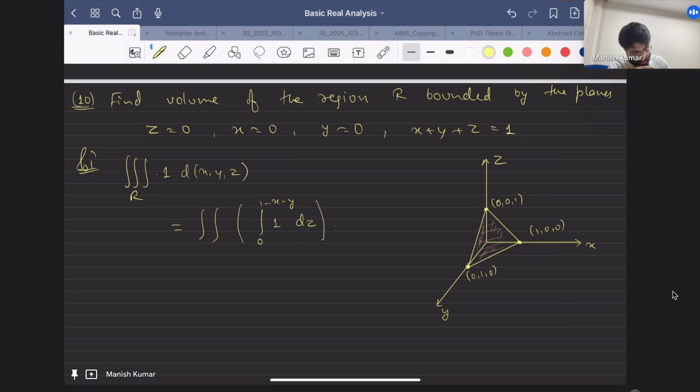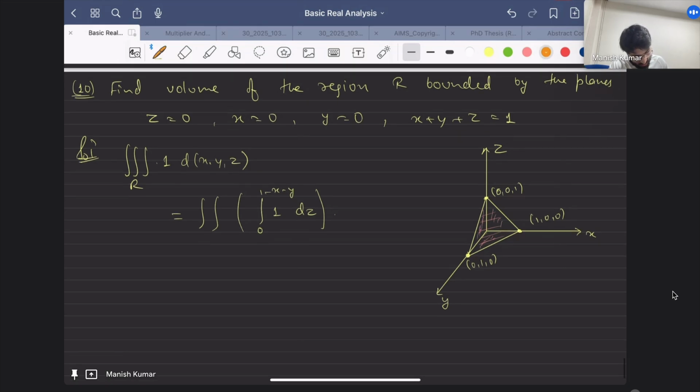So if I cut this, you know that z is varying from here to here, around this plane. Now how should I do this cross section? Look at this base triangle, that would be one of the cross sections that you have, right? So x and y will be chosen from here.